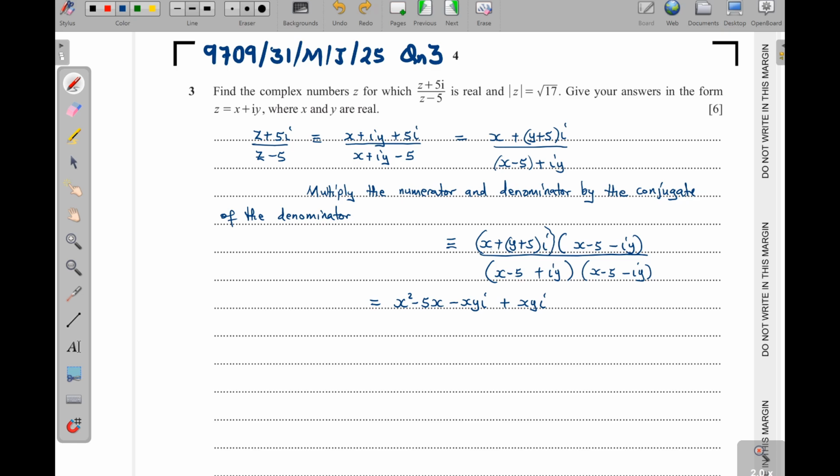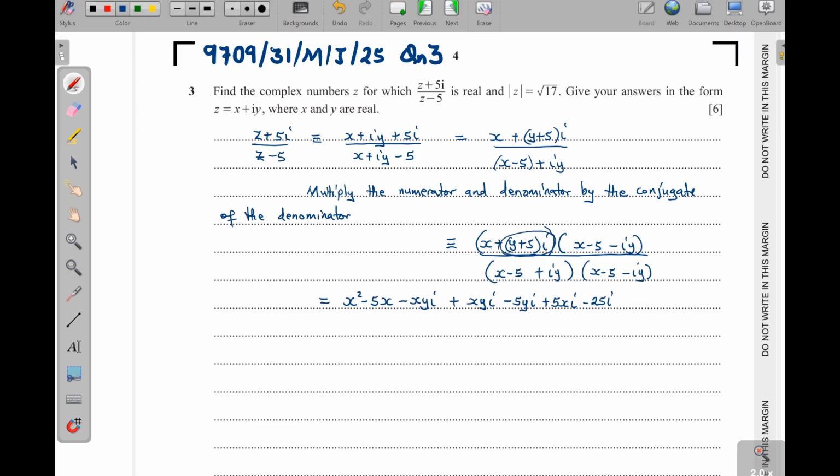Then y times negative 5 will be minus 5yi. Then 5i times x will give us 5xi. Then 5i times negative 5, isn't that a 25? So negative 25i. And then what else?